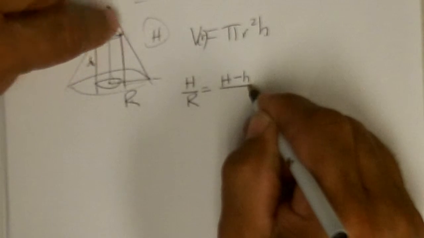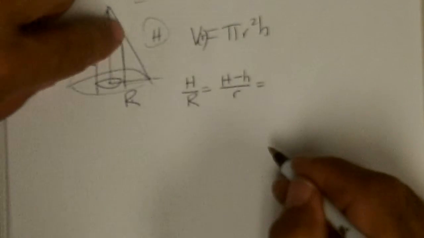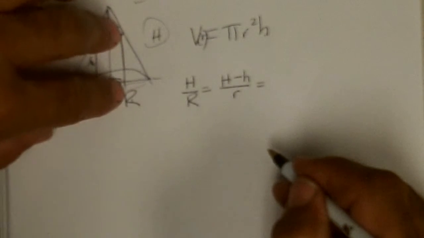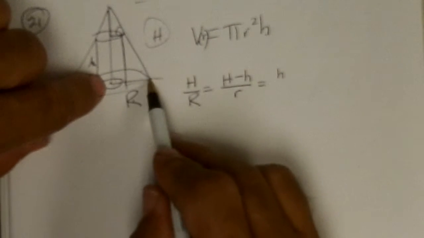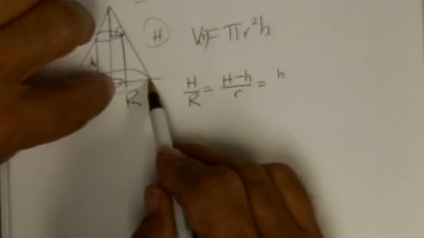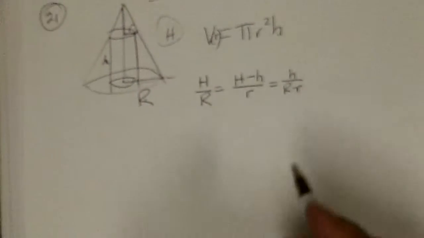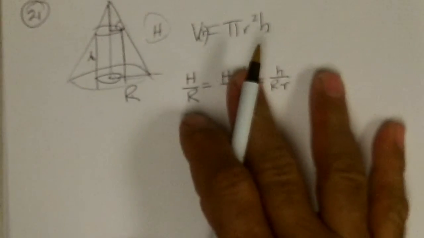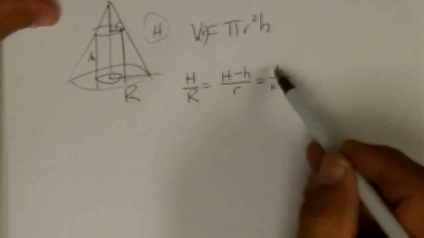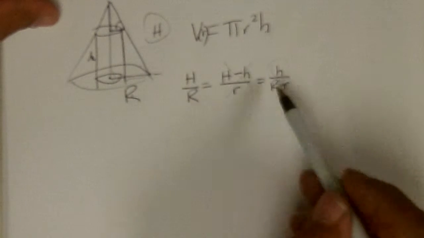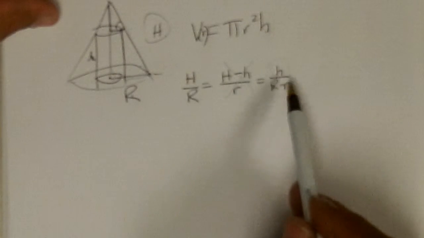over the little r. Or if we use this triangle, it's going to have a height that's little h, over a radius that's big R minus little r. And if we're going to make this a function of r, we have to get h out of there. We can solve for little h by multiplying both sides by big R minus r.